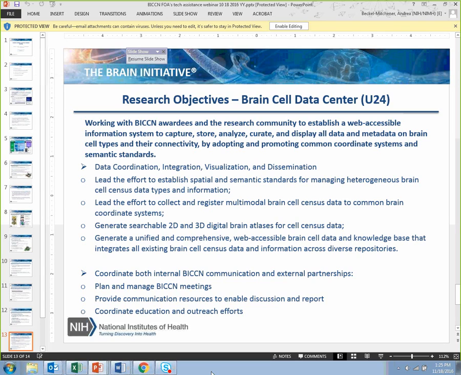So there are several functions and expectations for the U24 center.